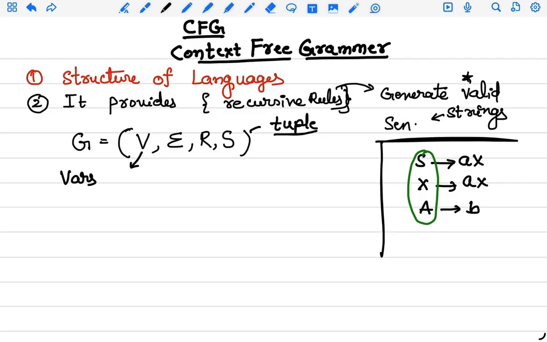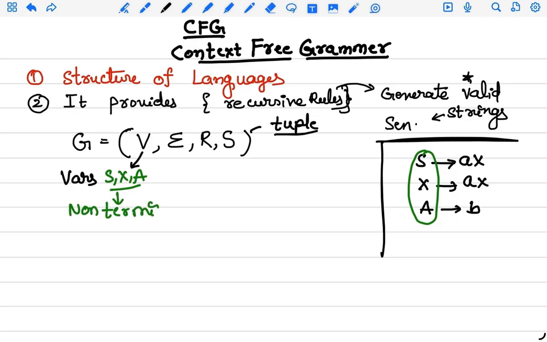Generally, these are represented with capital letters, and these are non-terminal nodes. Terminal means stop, right? It can stop. Non-terminal means it cannot stop.